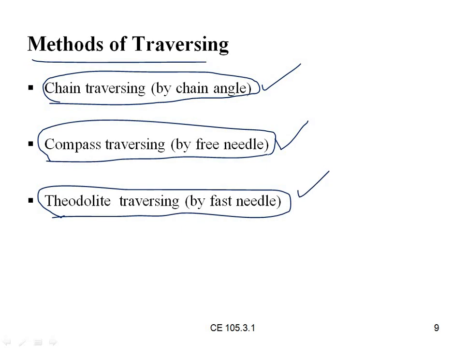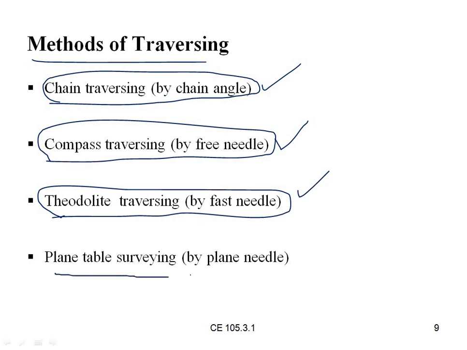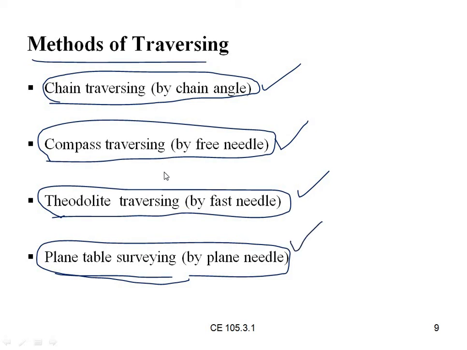And plane table surveying, it is by plane needle. So for each one we have different things. Chain traversing is done by the chain angle, in compass traversing it is done with the free needle, whereas in theodolite traversing it is done by the fast needle, and plane table surveying by the plane needle. So these are the four methods of traversing.